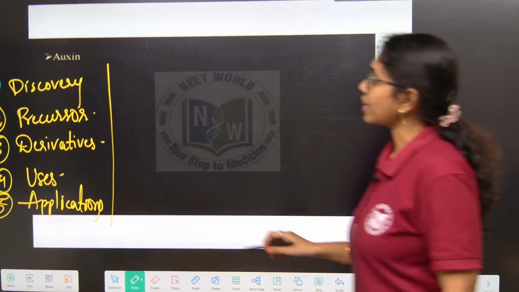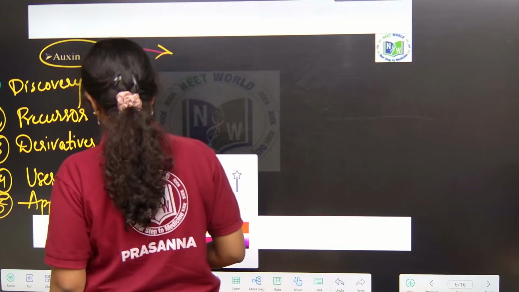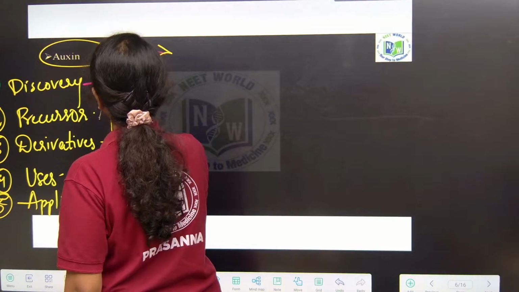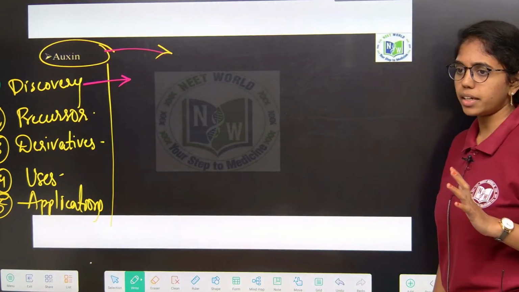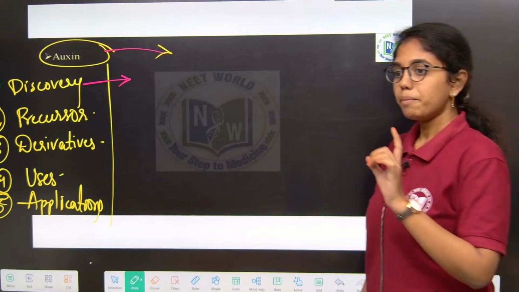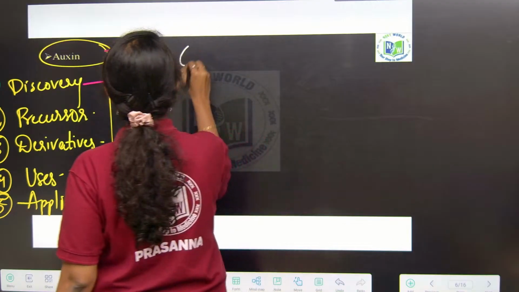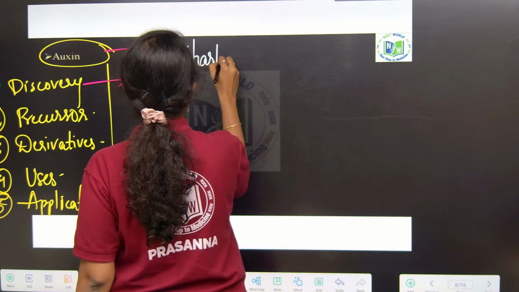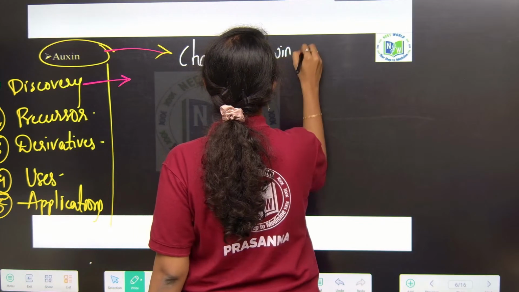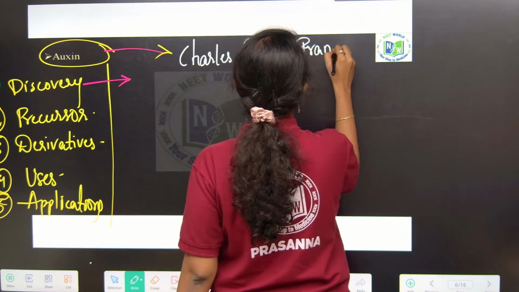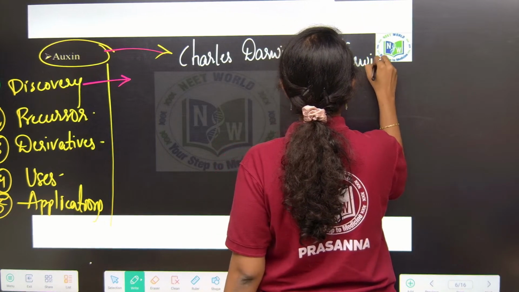So first we will start with auxin. Auxin discovery we will be learning first. All the 5 hormones that were discovered, they were accidental only. Nothing was intentional. But the first discovery of auxin was started by Charles Darwin and Francis Darwin.